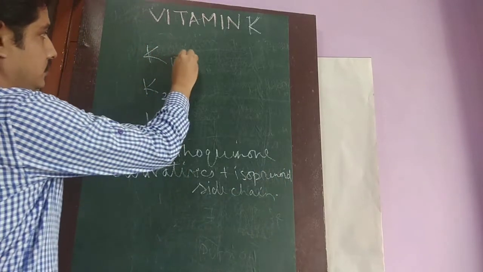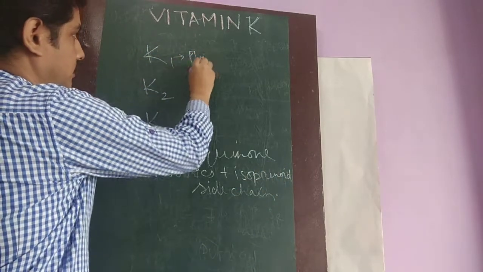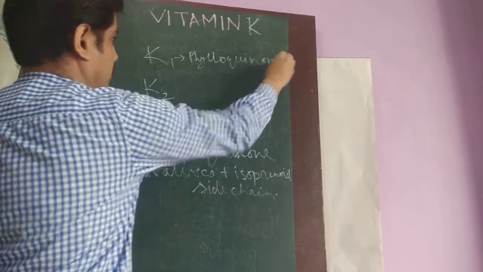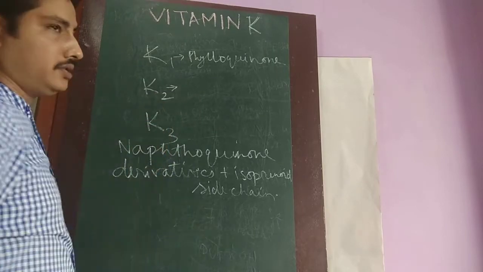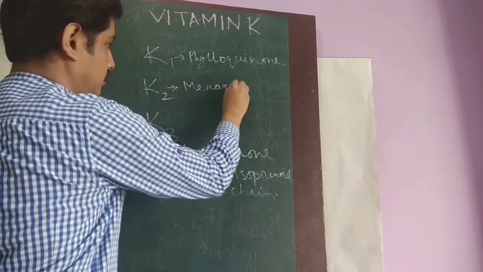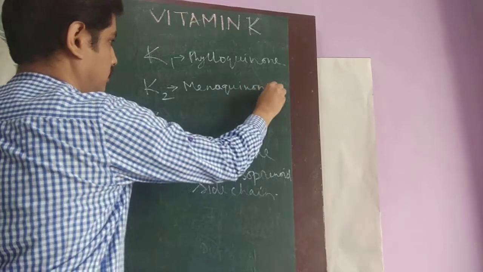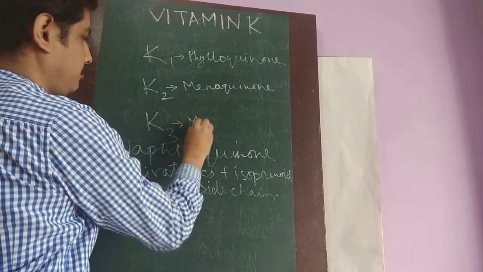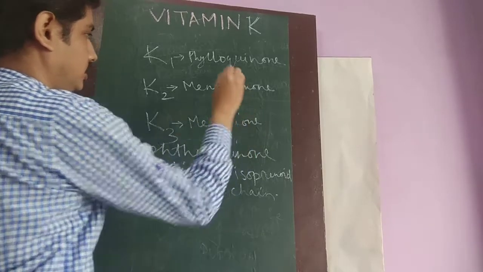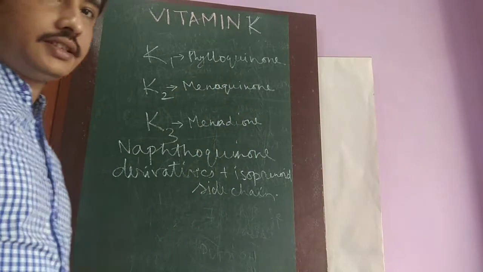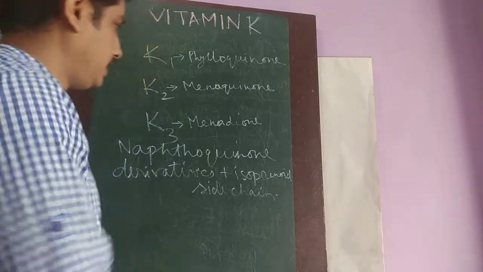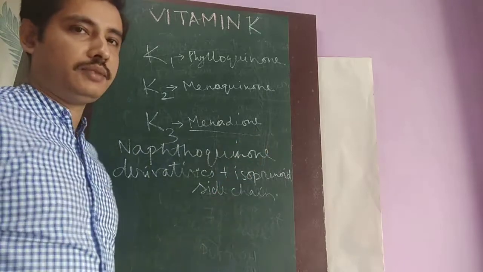Vitamin K1 is known as phylloquinone. Vitamin K2 is known as menaquinone. Vitamin K3 is known as menadione. Phylloquinone is present in plants. Menaquinone is produced by intestinal bacteria, and menadione is the synthetic form of vitamin K.